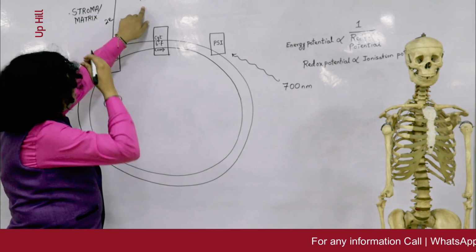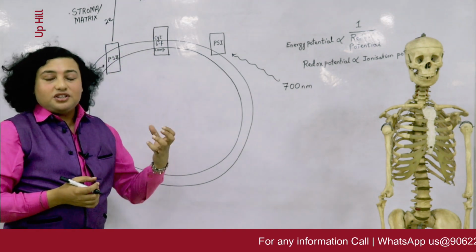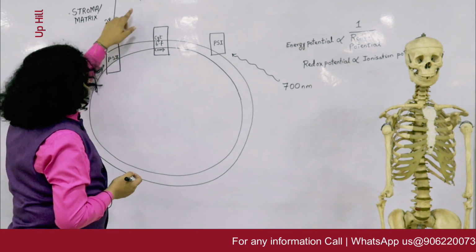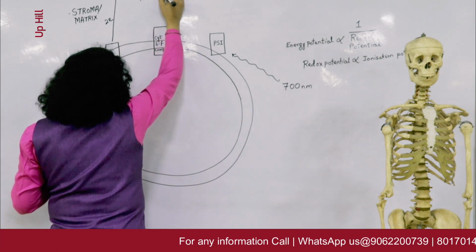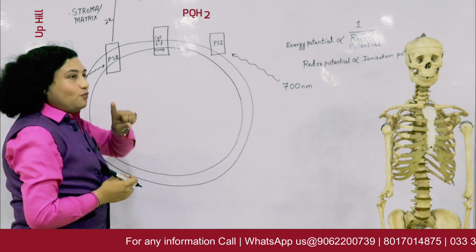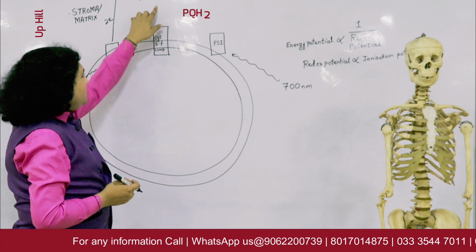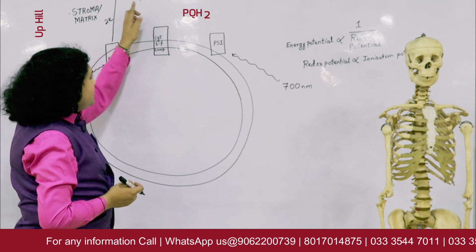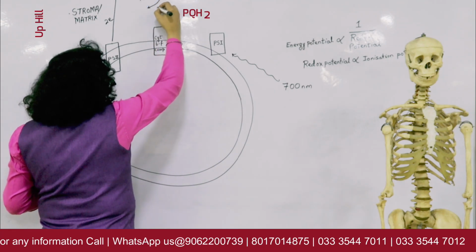Right? Now this plastoquinone is going to accept 2 electrons, and at the same time it will take up 2 protons from the stroma and it will become plastohydroquinone, PQH2. Now this plastohydroquinone has a property of retaining 1 electron with it, and another electron will be given to the cytochrome bf complex.